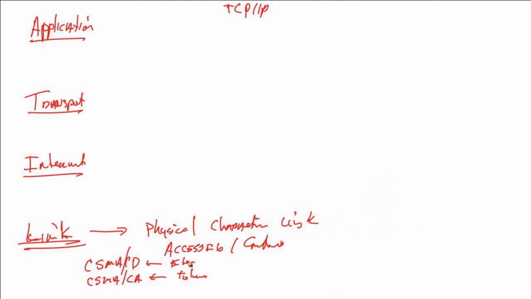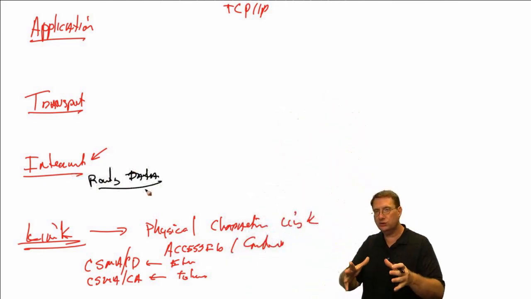Now, after that, the other primary one that we're really going to be spending the majority of our time discussing is this idea of the internet layer. The internet layer provides the capability of routing data. So remember, routing data involves moving information between networks.